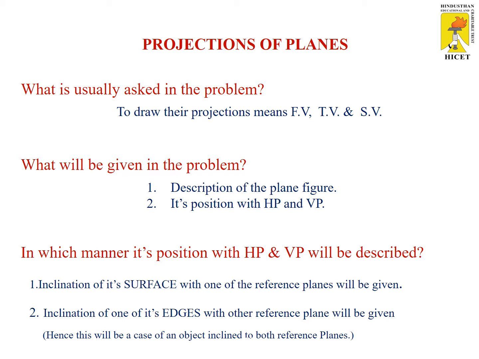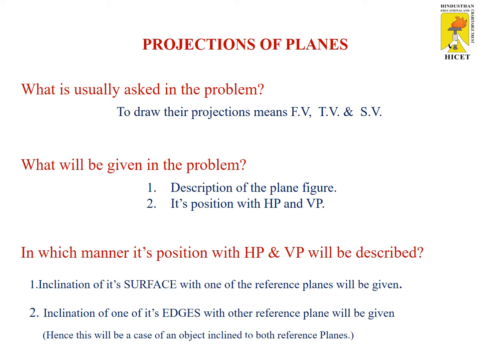Next, what will be given in the problem? Normally in a question they usually give the description of the plane figure, and second, its position with VP and HP, that is, vertical plane and horizontal plane.